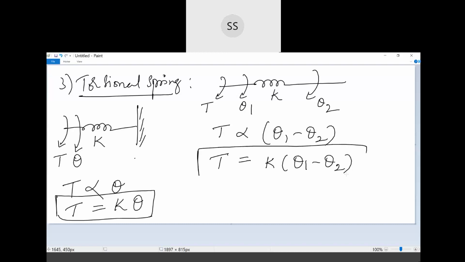Now you can compare these equations with the previous translational system equations. There we had, instead of T, F equal to K into x1 minus x2.